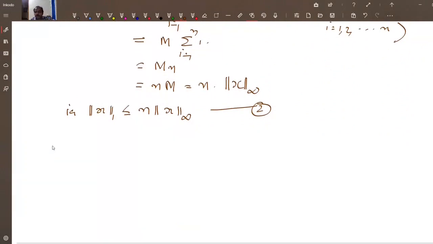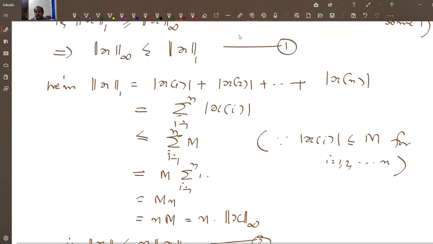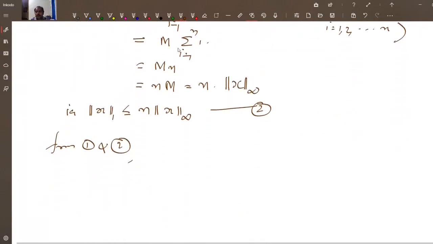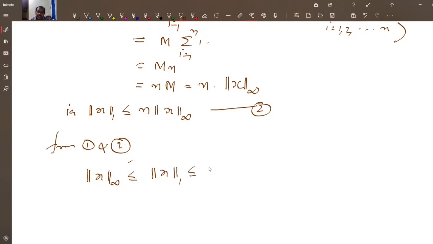So from 1 and 2, subnorm of x less than or equal to one norm of x, and that is less than or equal to n into infinite norm of x.